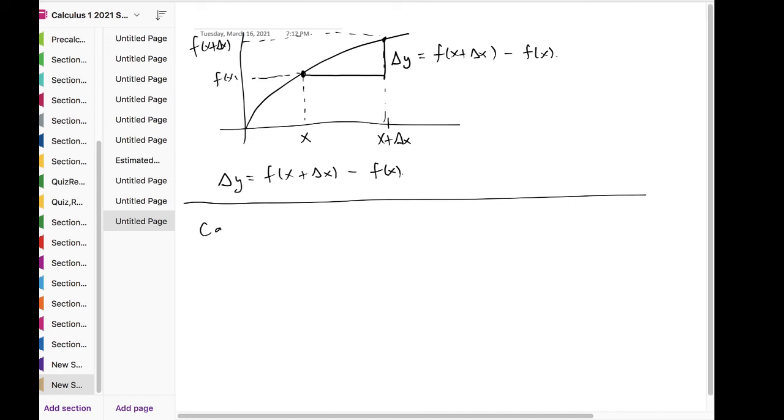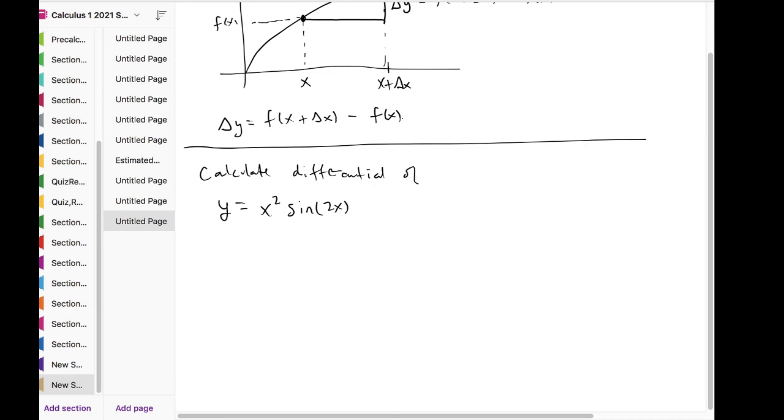So calculate the differential of y is equal to x squared sine of 2x. Okay, so what is the differential of y? dy is equal to what again?